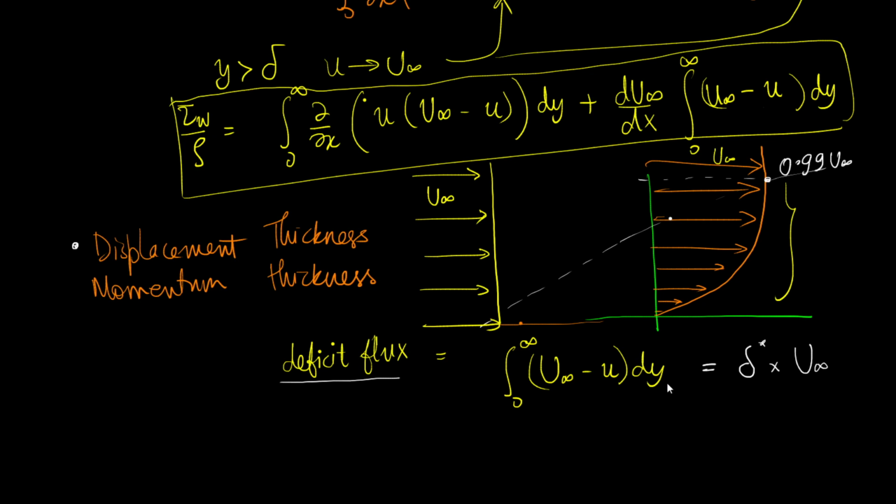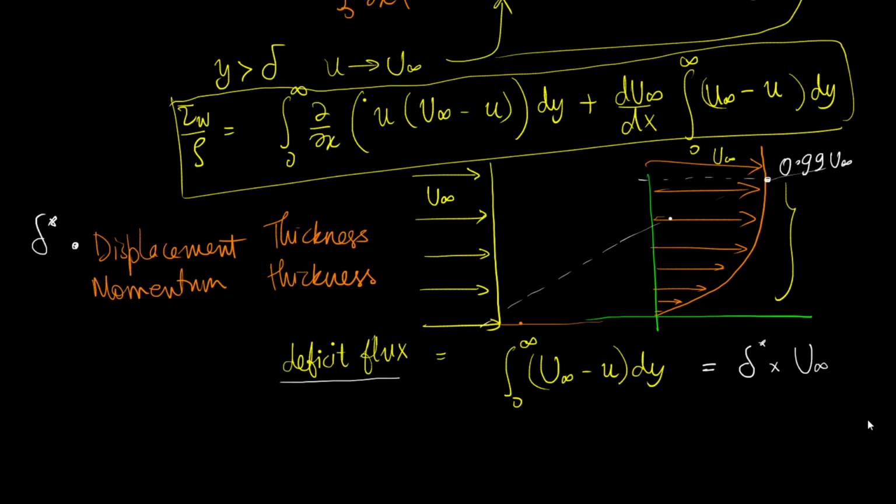Okay, so this is the formal definition of delta star. So displacement thickness is represented by delta star. So it is the displacement required in the free stream in order to match the same volume flux.